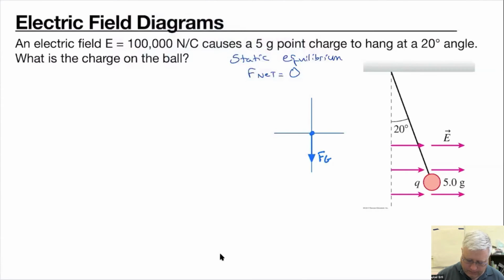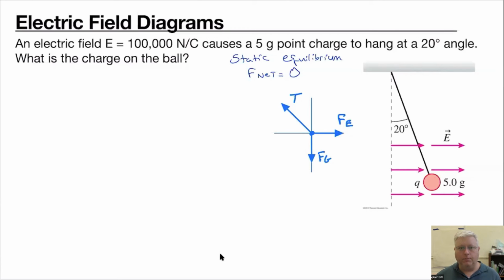Force of gravity. The electric field is exerting a force toward the right, so I'll do F_E, and there's something holding it there. So there's going to be some sort of tension. We learned about tension in the previous course.